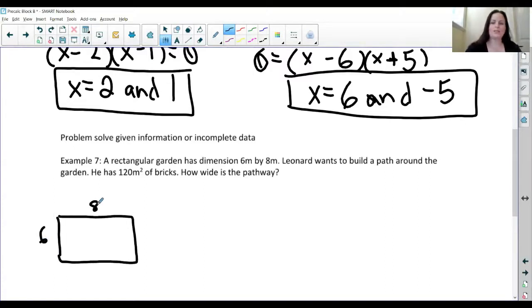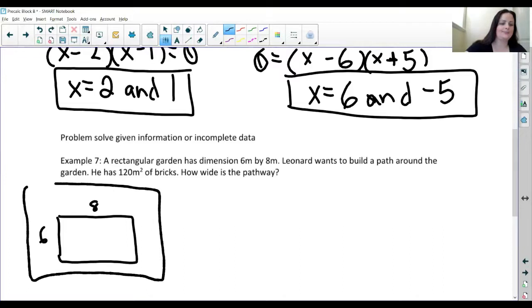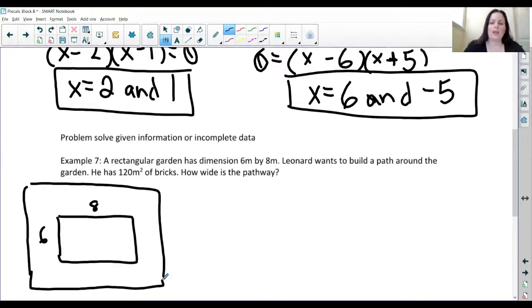Okay. When he wants to build a path around the garden, he has 120 bricks. Oops, this is not drawn to scale. He has 120 bricks. How wide is the garden? So you're going to assume that the distance across is even all around the garden. Now, I forgot to say that in the question, but you need that in order to solve this question.